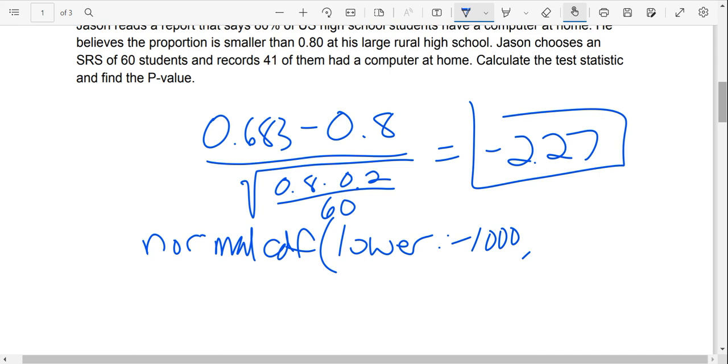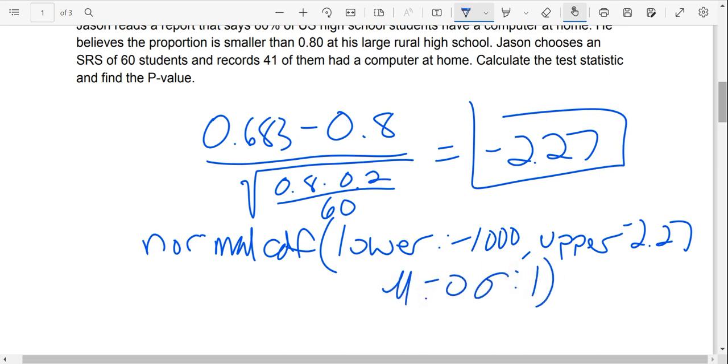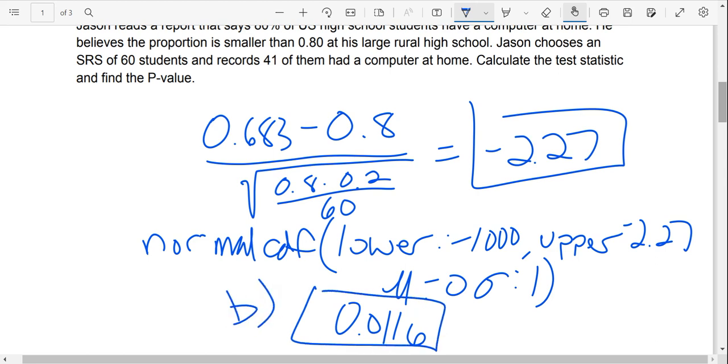So as long as it's an obnoxiously large negative number for your lower. Upper, negative 2.27, mean 0, standard deviation 1. And out should come 0.0116. You found the p-value. There you go. That's part B.